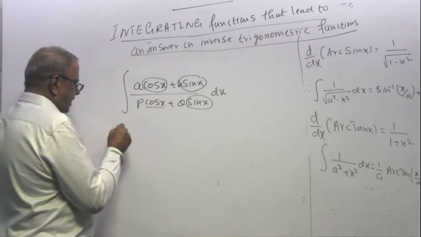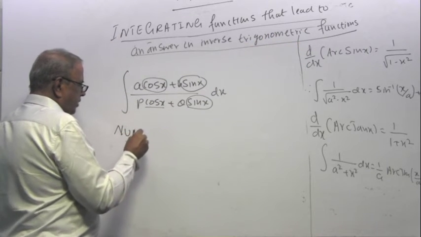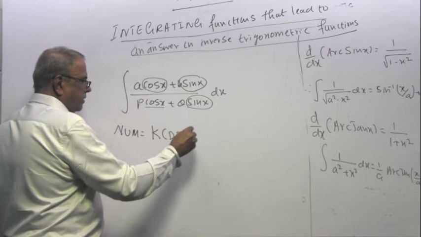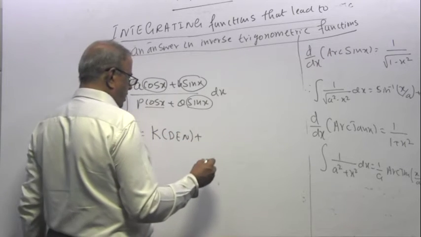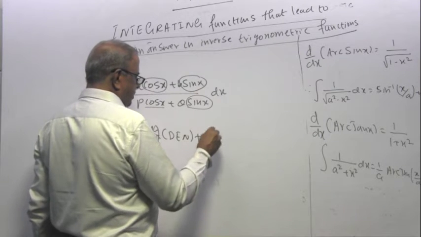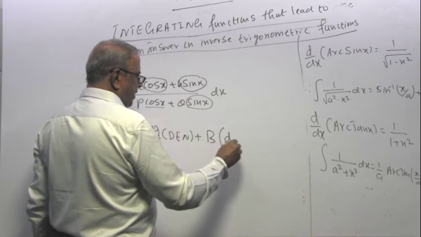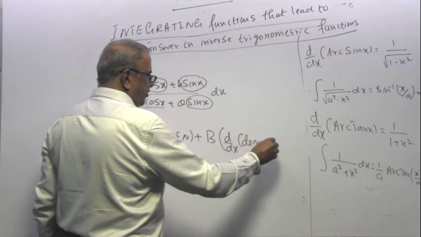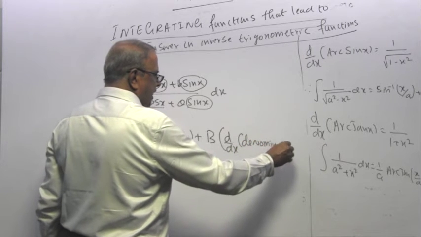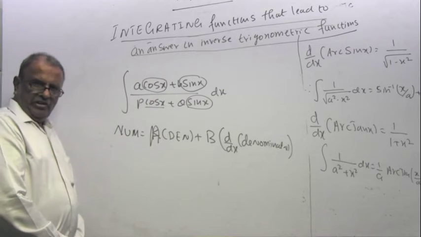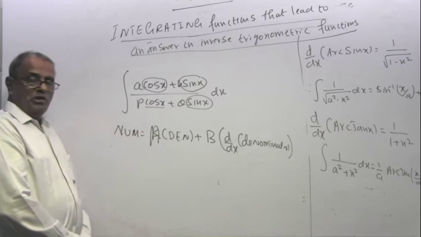So this is what you generally write: numerator equal to a times denominator plus b times d by dx of denominator. So whenever you have a question like this, I don't think you will come across that, but that's a very wonderful concept.